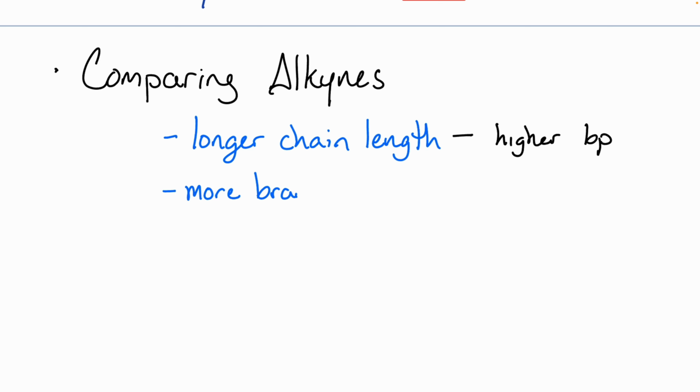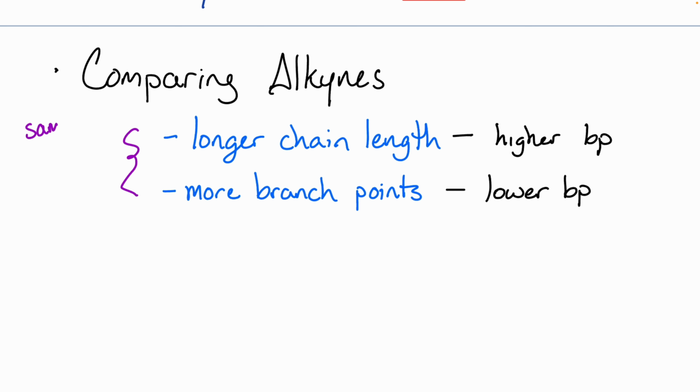What if we have more branch points in two alkynes that we're comparing? Is that going to have a higher or lower boiling point? More branch points would decrease our surface area, so that would be lower boiling points. These are the same trends as alkanes and alkenes. Universally true here.